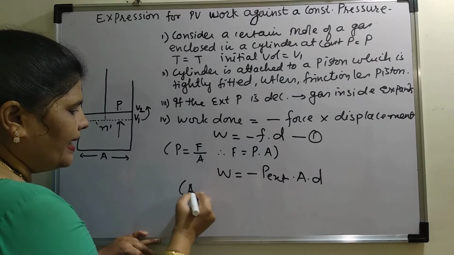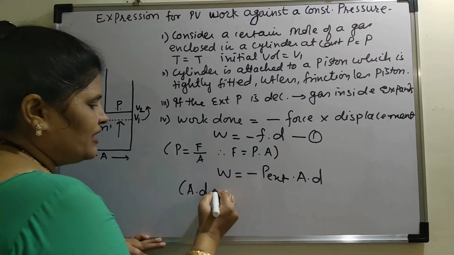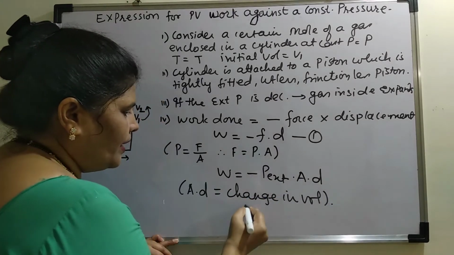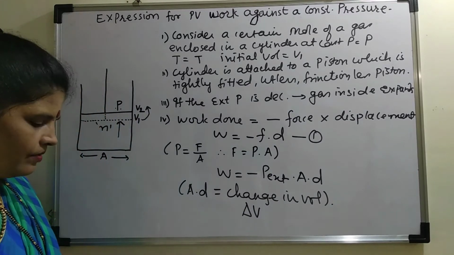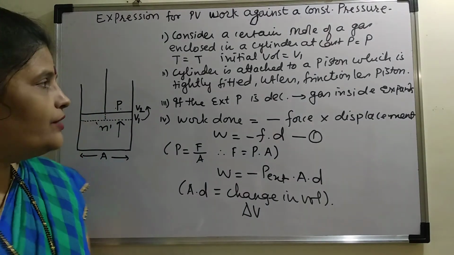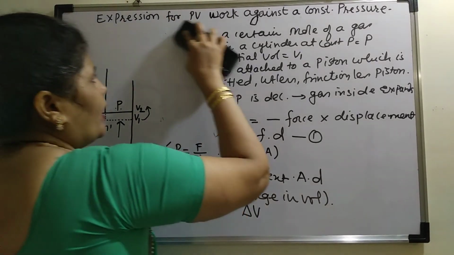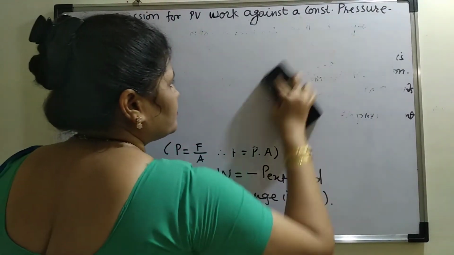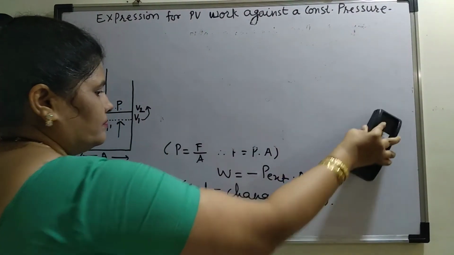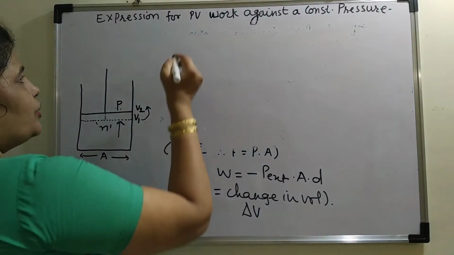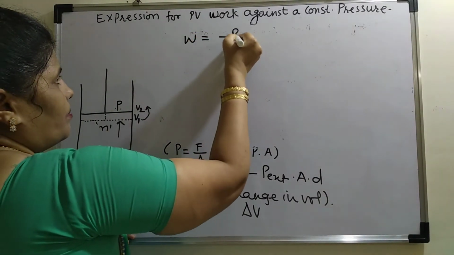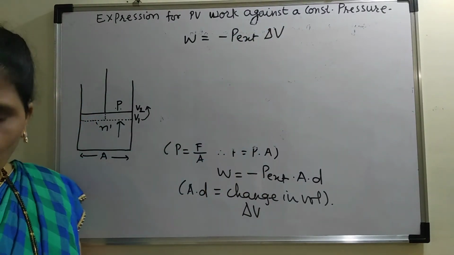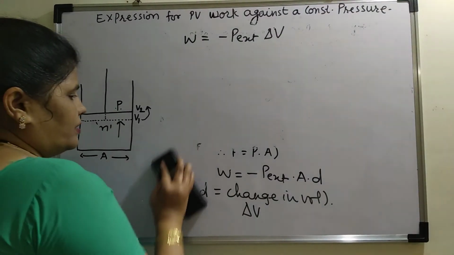What is A into D? That is, area into displacement, which is equal to change in volume. How do you denote change in volume? It is delta V. So, I can write A into D as delta V. So, W is equal to minus P external delta V. This is the expression for work done against a constant pressure.